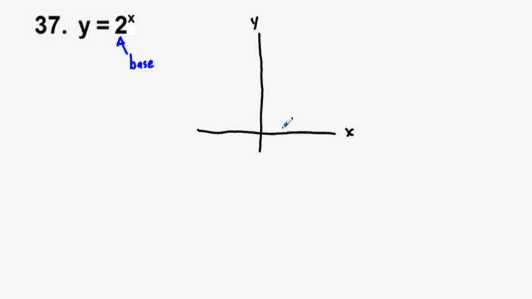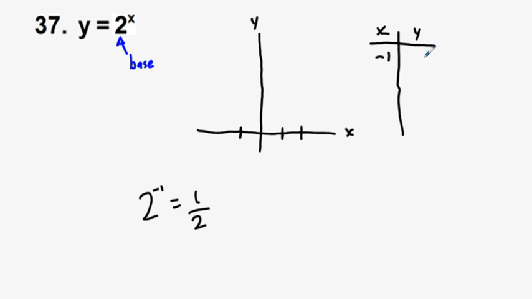And we have right here at 1, go to 2. We have x and y here. If we put in x equals -1, we have 2 to the power of -1, which equals 1 over 2.